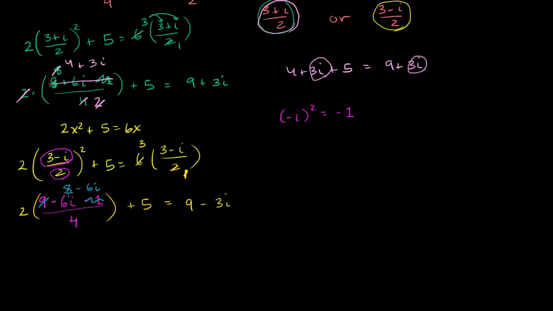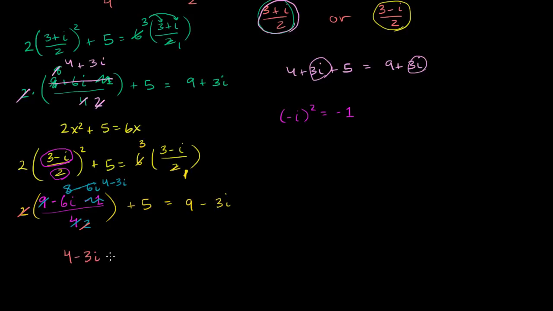If we divide 8 minus 6i by 2 and 4 by 2, in the numerator we get 4 minus 3i, and in the denominator we get a 2. Then we have a 2 out here and a 2 in the denominator, and those two cancel out. So this expression simplifies to 4 minus 3i.